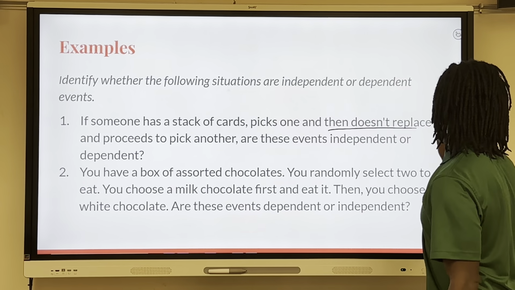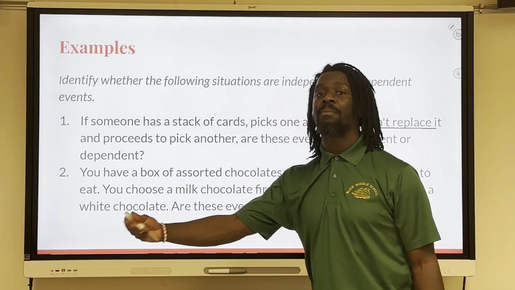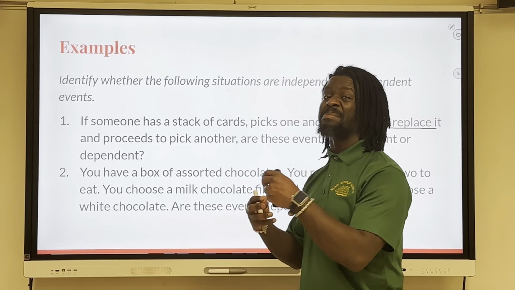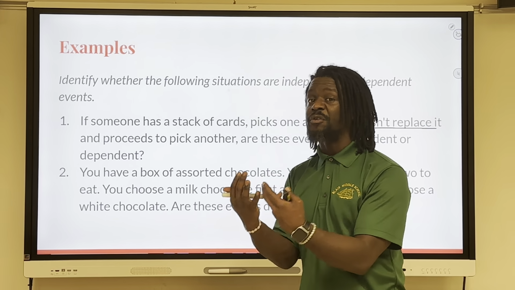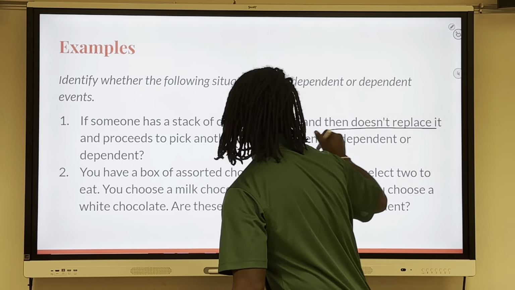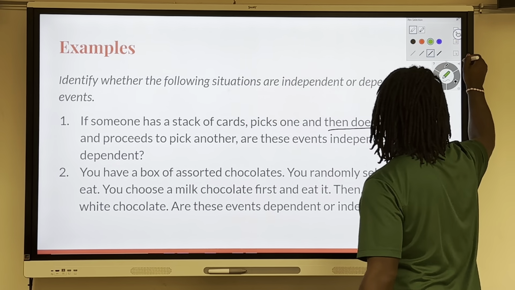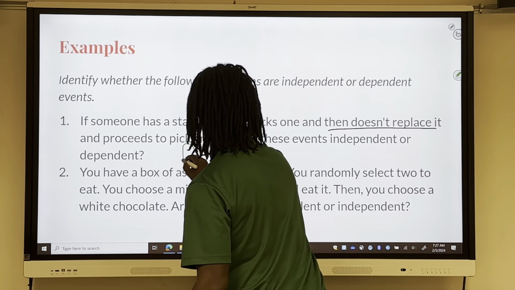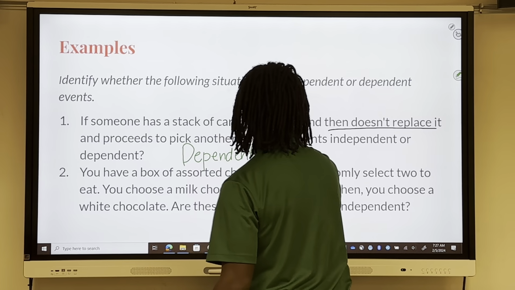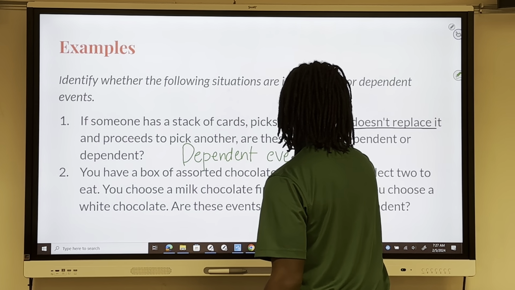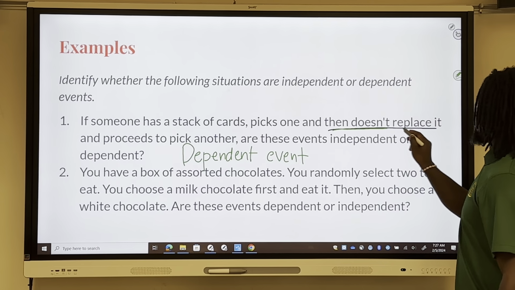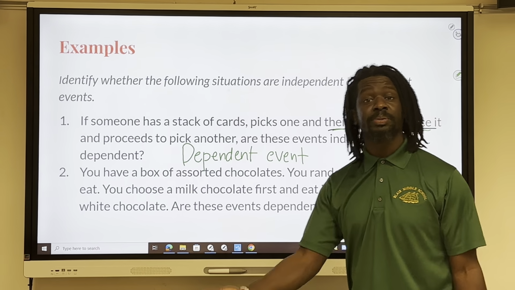Anytime I do not replace it or do not put it back, the probability of me getting a card the second time is going to be affected because I have fewer cards the second time. So in this case, this is a dependent event. This is dependent, okay? And again, because I do not replace it.